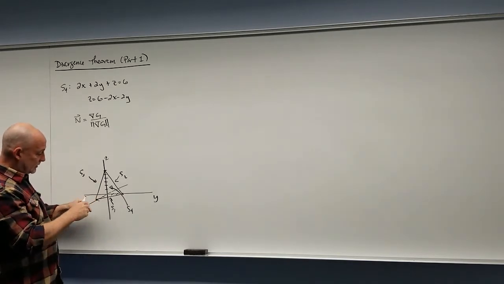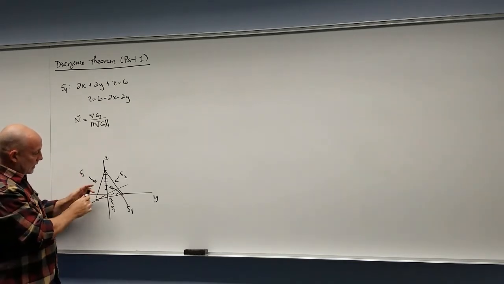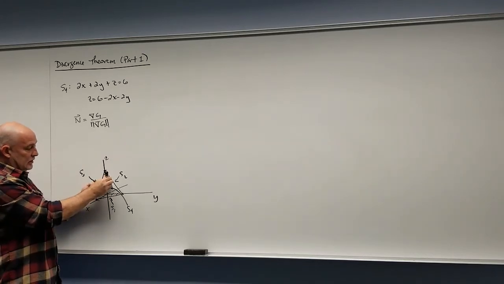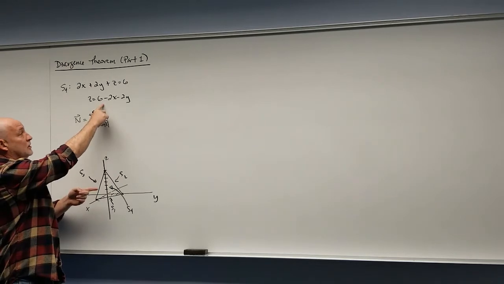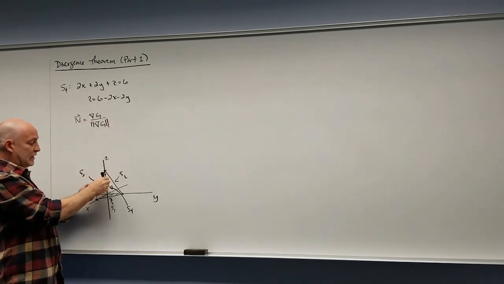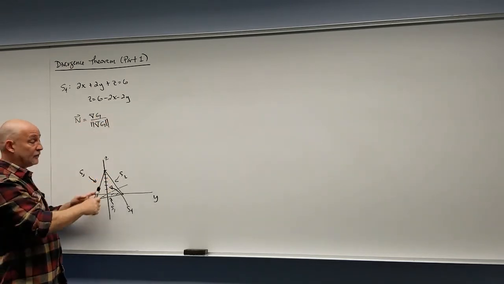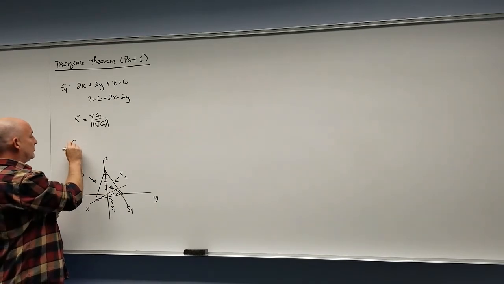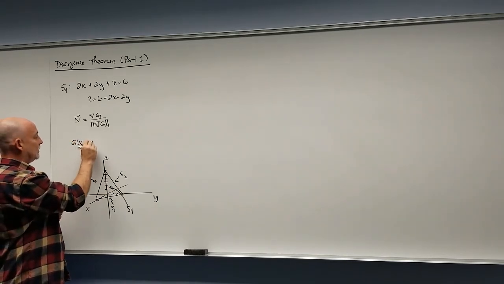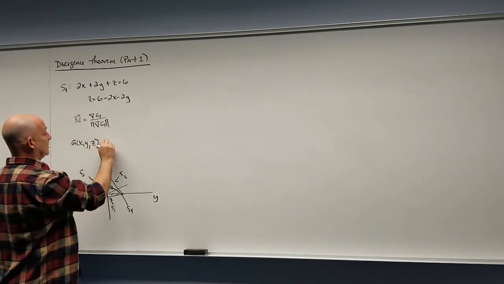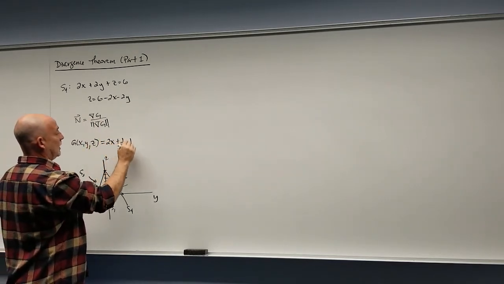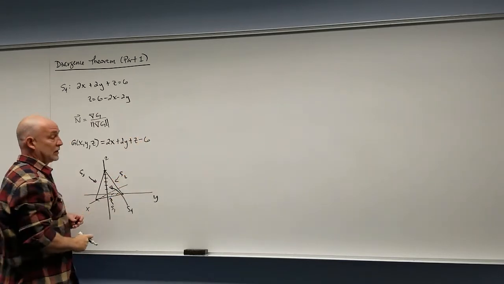If you think about this triangle as sloped like this, you can see that we need the normal to be pointing upward right here. So to define big G, we need to move everything to the side that keeps the z component positive. By definition, big G is, moving everything to one side, 2x plus 2y plus z minus 6.